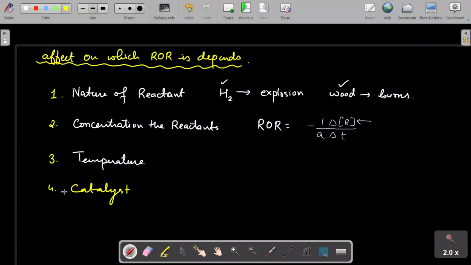Now, catalyst is very important. What does it actually do?